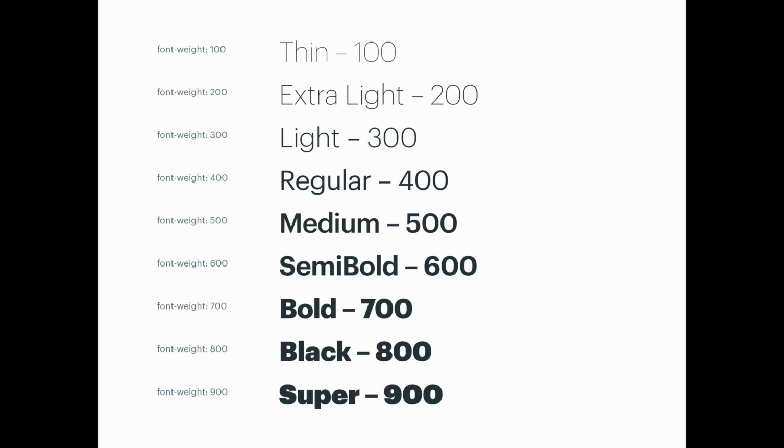Some fonts have a whole slew of weights to them. So in this case, we have thin, then we have extra light, light, regular, medium, semi-bold, bold, black, and super. So there's 9 different choices for weights within that one font family. So the more powerful a font is, the better designed the font is, the more variation you're going to have within the font family itself.